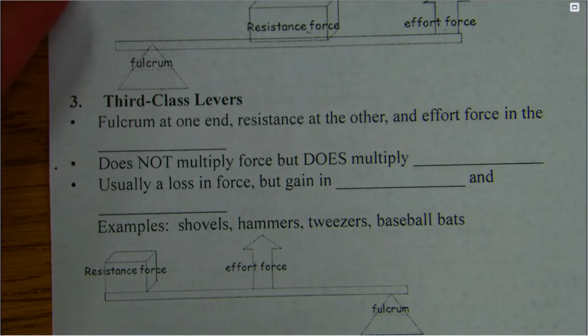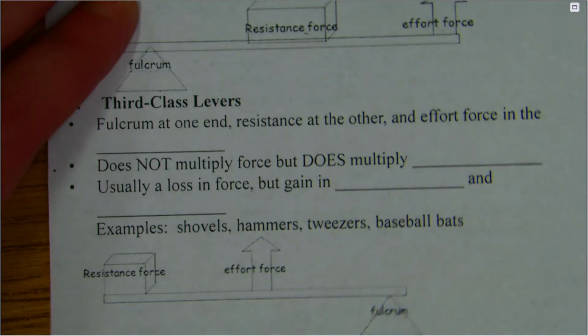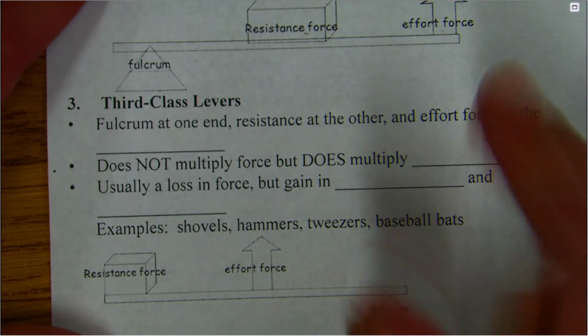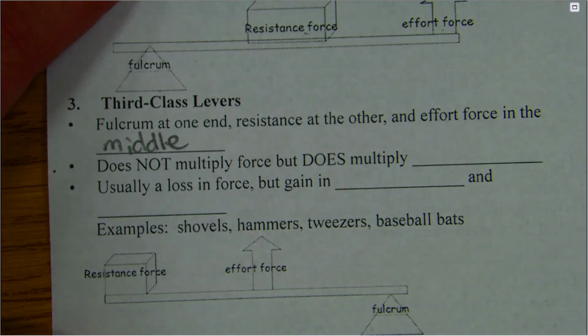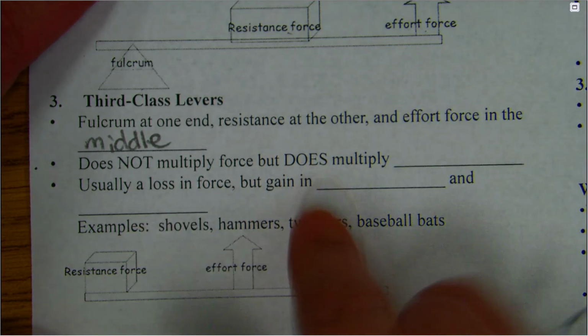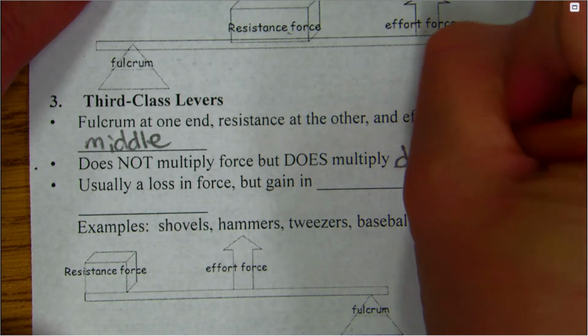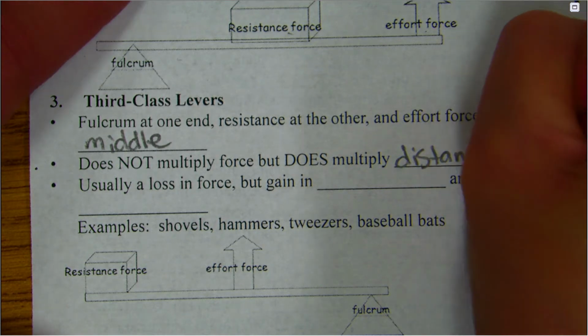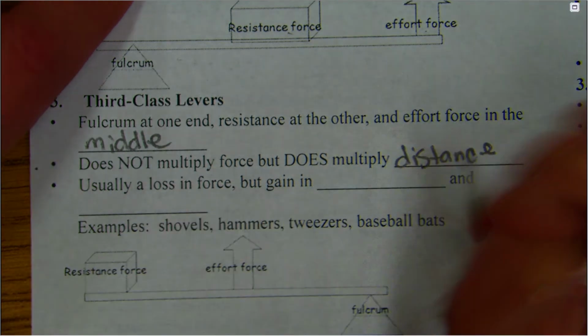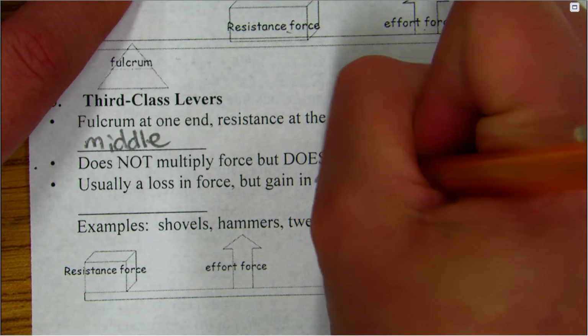A third class lever is where the fulcrum is at one end, the resistance is at the other, and the effort force is in the middle. So in a third class lever, force is not multiplied, but the distance is multiplied, so I can get something to move longer. I usually see a loss in force, but a gain in both speed and distance.